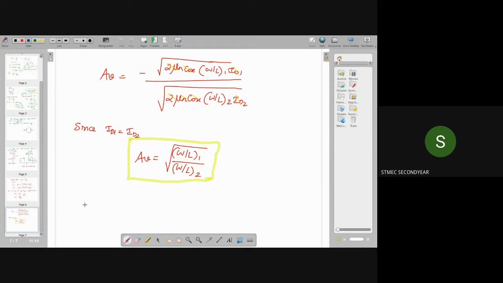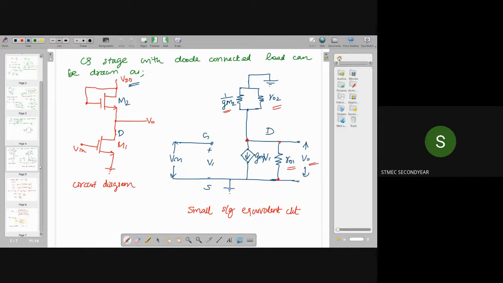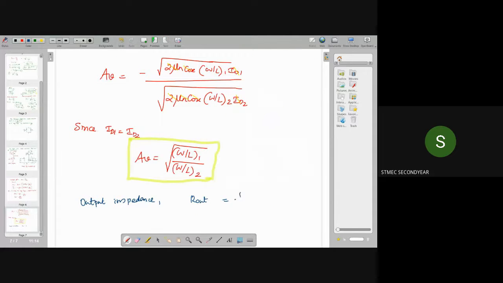Okay. And one more thing, the output impedance for this configuration. Output impedance R out, or Z out, will be equal to what? From this circuit, you can say the output impedance is the parallel combination of R01, R02 and 1 by GM2. So it will be equal to 1 by GM2 parallel R01 parallel R02.